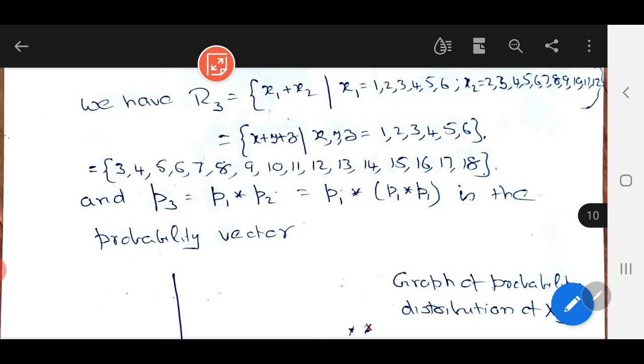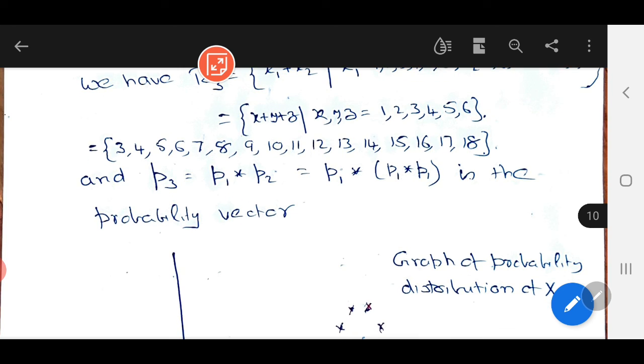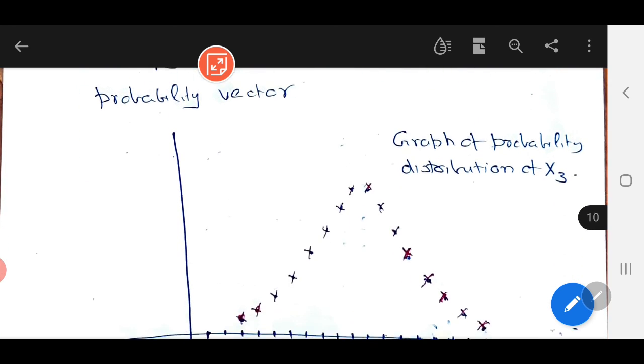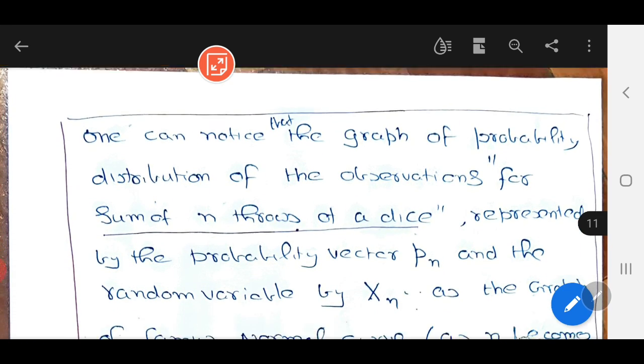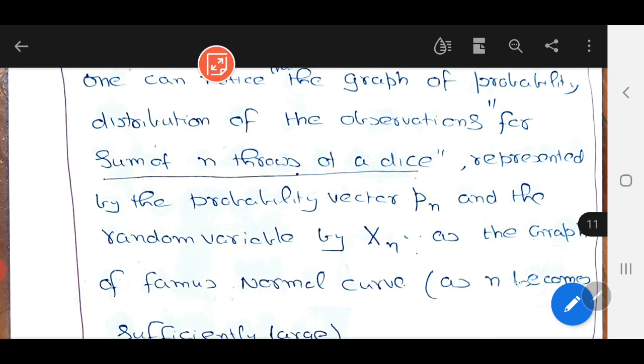P1 is a probability vector, a special type of sequence with non-zero terms whose sum is 1. If you convolute, the resultant graph is like this. I am not writing the distribution there, it is simple again.